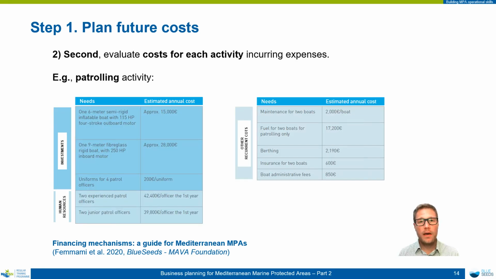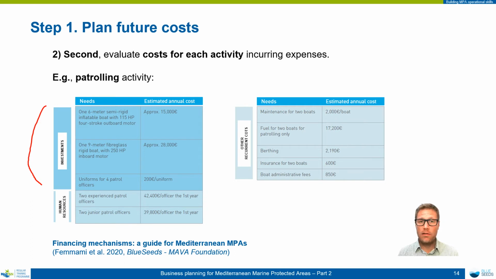Okay, so now that you've made a detailed list of all the activities which are necessary to reach your conservation objectives, you need to evaluate the costs of each one of those activities. So taking the example mentioned earlier of patrolling, this activity has costs which can be put into different categories. Investment costs, first of all. You might need a semi-rigid inflatable boat, which would cost you 15,000 euros annually.